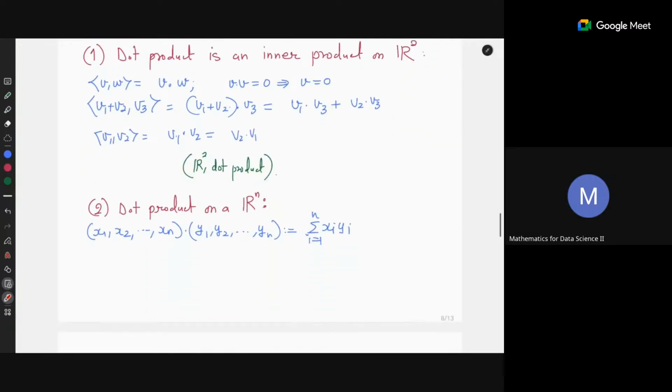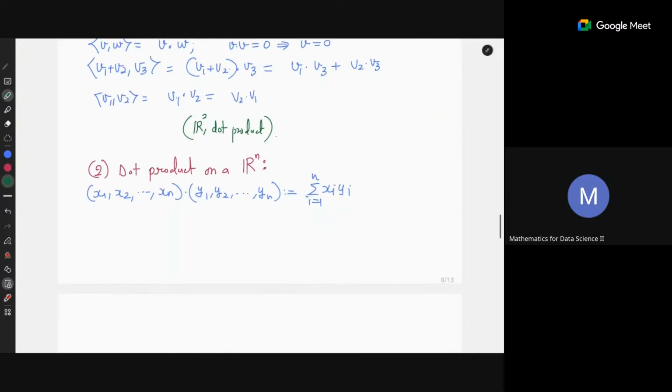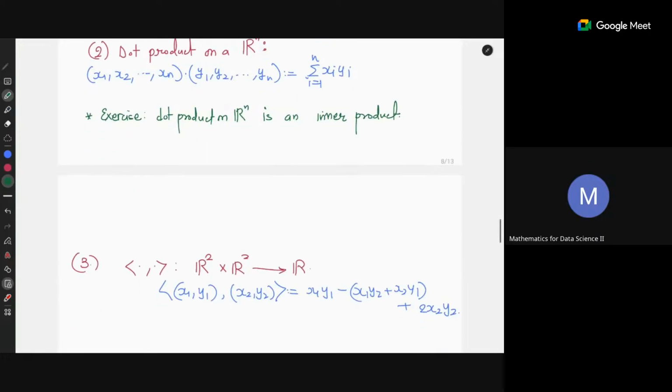It is an exercise to check. Dot product on Rn is an inner product. So again, Rn with this dot product is also called an inner product space.